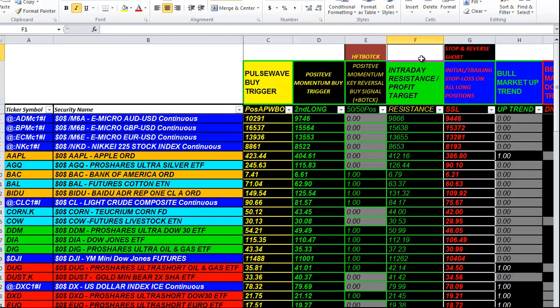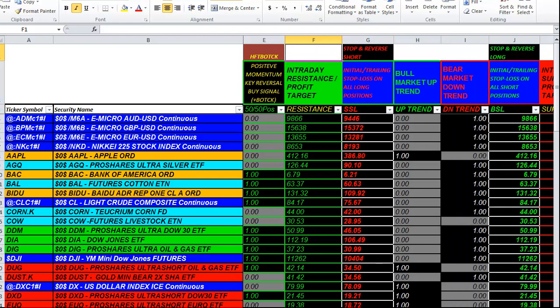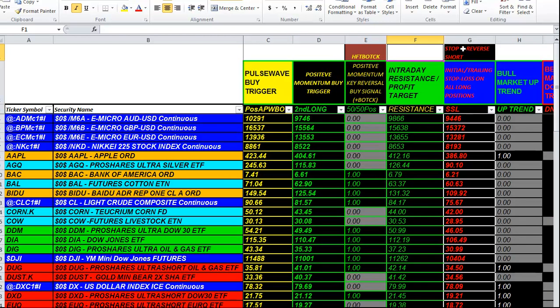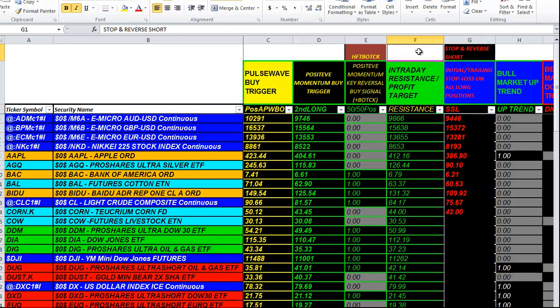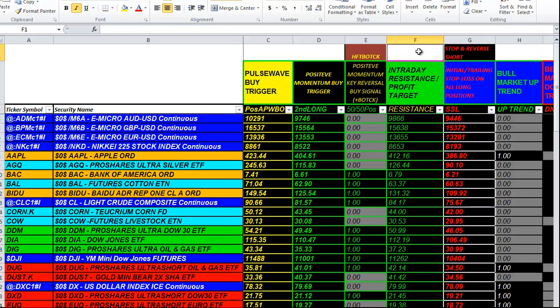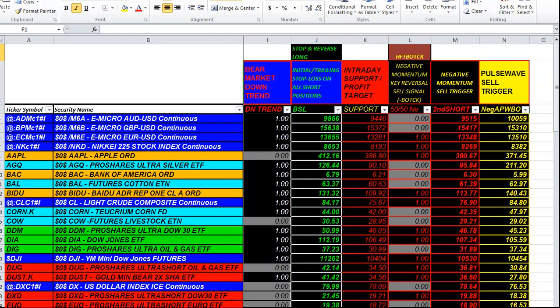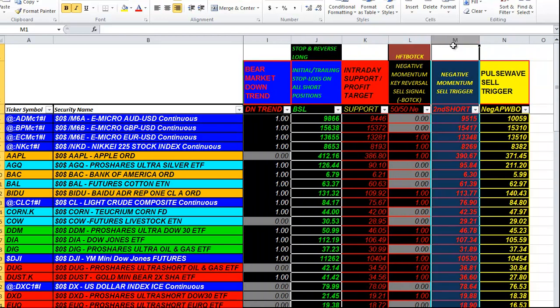One note is that if you have both a long and a short signal given at the same time, instead of using this recommended stop and reverse, you're going to use your sell short trigger as your stop. So you put in 2 tickets.